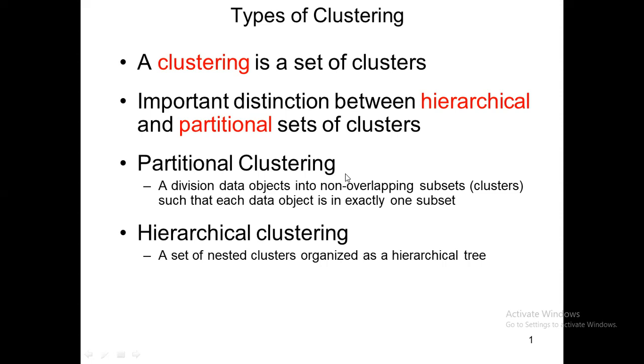So that is partitioning clustering. Another is hierarchical clustering. What is that? It builds a hierarchy of clusters, forming a tree-like structure, like a dendrogram, which is one example of hierarchical clustering.